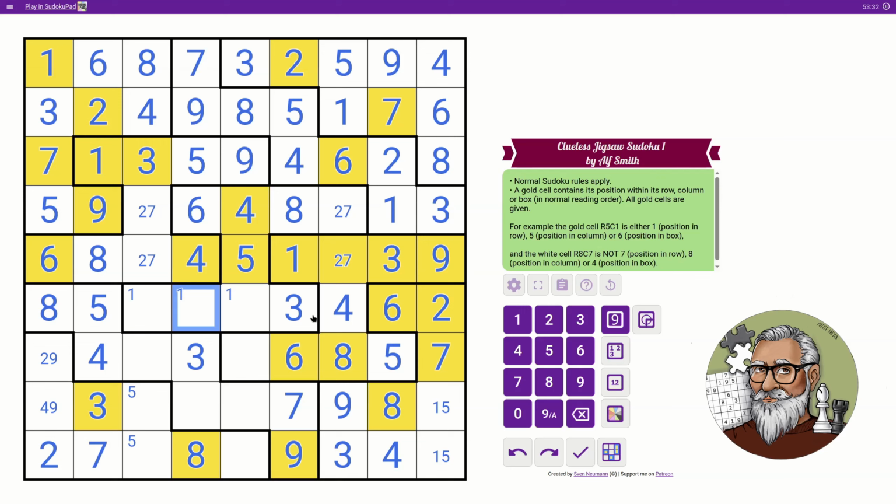I'm not checking if any of those break the negative constraint, but I'm not going to do that. In this region we still need a 2 and a 7, so this becomes a 2, this becomes a 7. I'm just going to trust that my pencil marks and logic were correct till now, until I'm proven wrong.